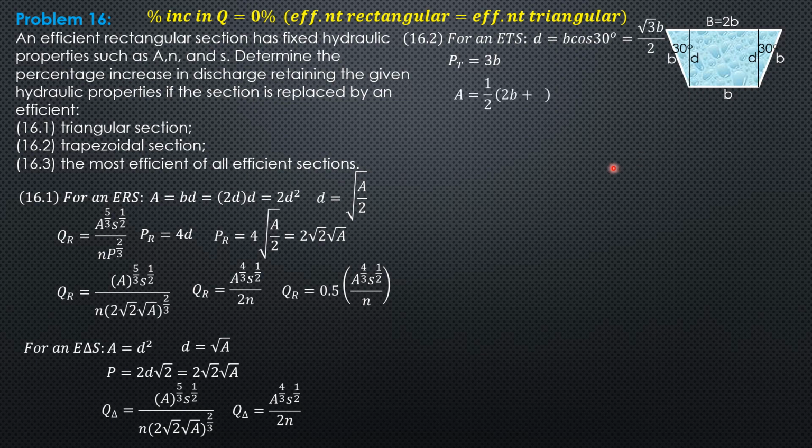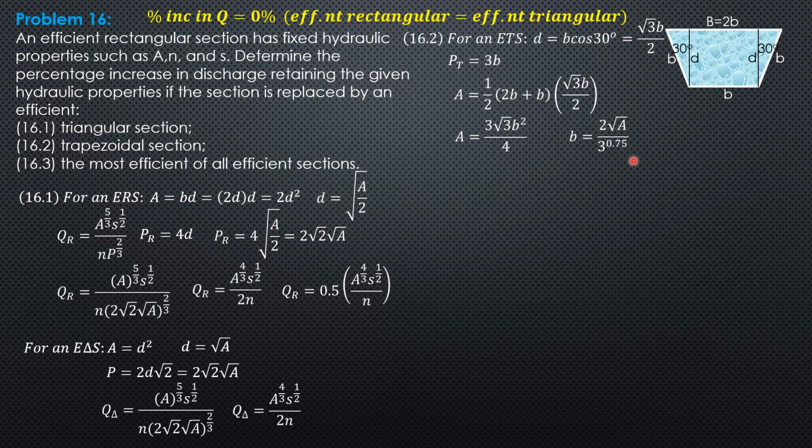And the area is fixed, common to all these sections. It is 1/2 of 2B plus B times D, and D is square root of 3 B over 2 in terms of B. So that is 3 square root of 3 over 4 B squared. That's the area. Then expressing B in terms of area, B is 2 square root of area over 3 to the 0.75.